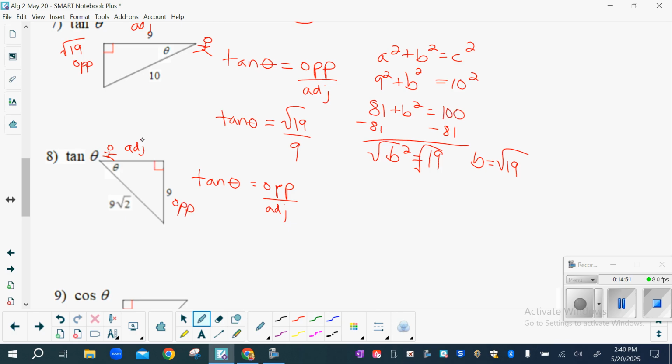9 squared plus b squared equals c squared. Good. So the C is 9 square root 2 squared, and then we have 9 squared. You went straight there. Good job, Will. So our 9 square root 2 squared, I'm going to do this over on the side.